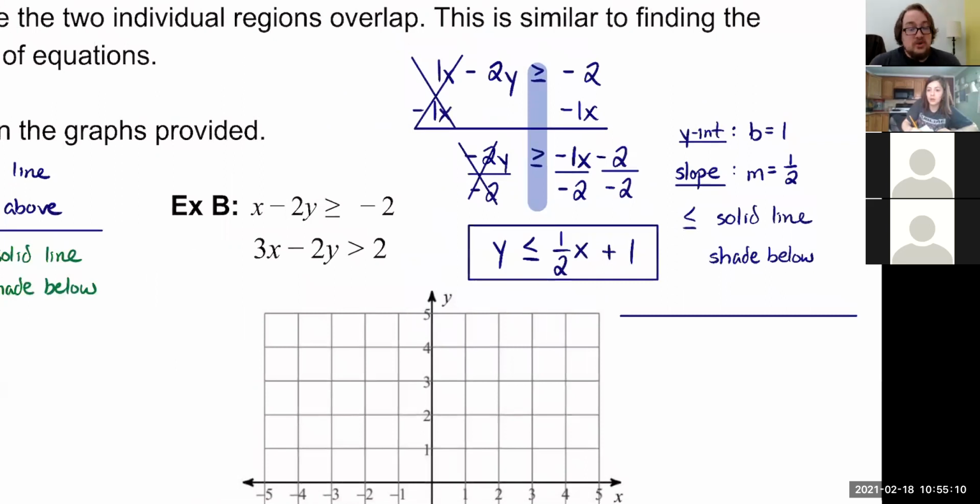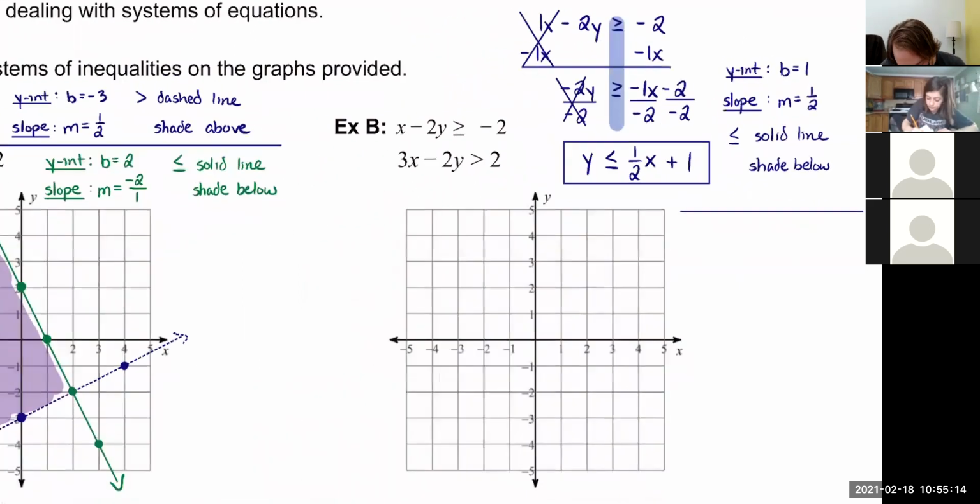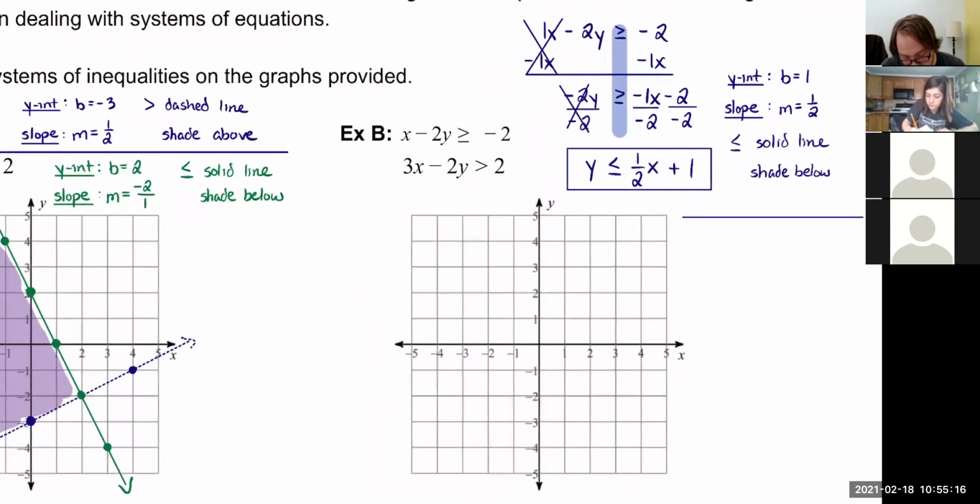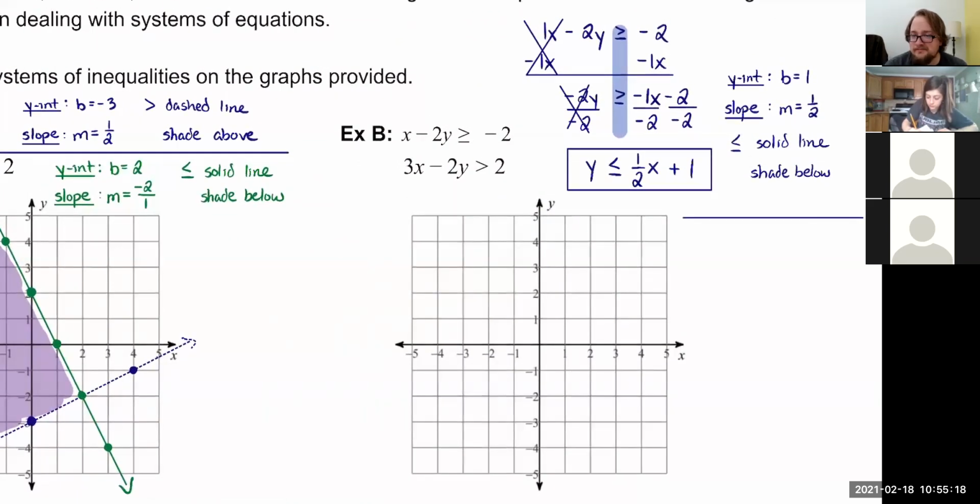So we have all the information we need to get this first inequality on our graph. So let me try to zoom out here a little bit so we can see everything all at once. So y-intercept at positive 1 has us at 1 on the y-axis for our first point. A slope of 1/2 has us traveling up 1 unit and to the right 2 units, or down 1 unit and to the left 2 units.